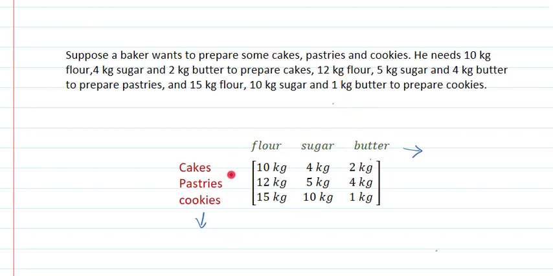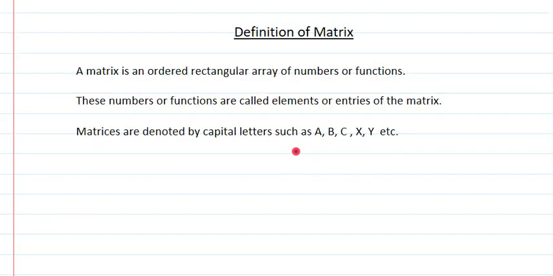There are many more problems of this kind which can be easily maintained, stored, and read in this way. And this type of representation is called a matrix representation. So what do we find? We find that the matrix representation helps us to put data more efficiently and we can read it in an easy way.